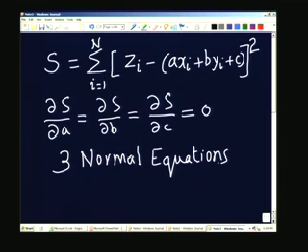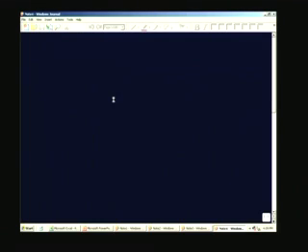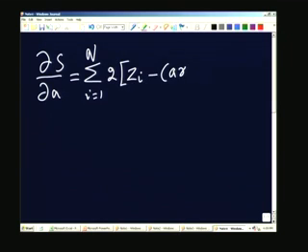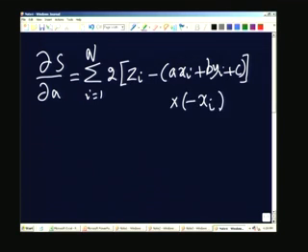So, suppose I take dou S by dou a. Let us see what is going to happen. We have dou S by dou a equal to sigma over i equal to 1 to n, 2 into (z_i minus (a x_i plus b y_i plus c)) multiplied by minus x_i, equal to 0.